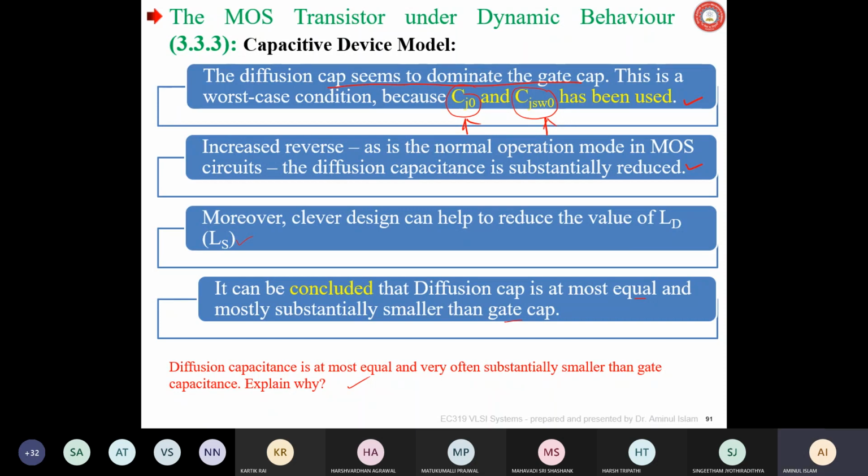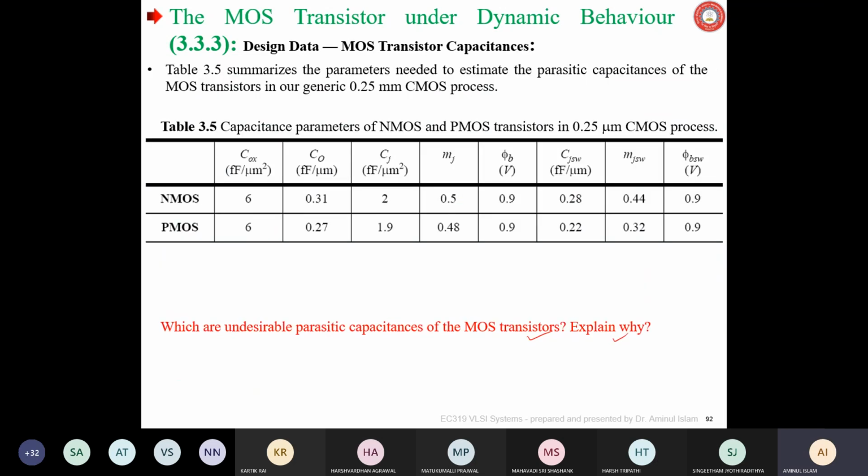But in normal operation, the MOSFET will mostly be biased, so the value will be less. Moreover, clever design can help you reduce LD and LS. It can be concluded that the diffusion capacitance is at most equal to, and mostly substantially smaller than, the gate capacitance. This is the conclusion of this discussion.